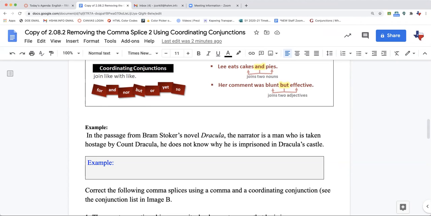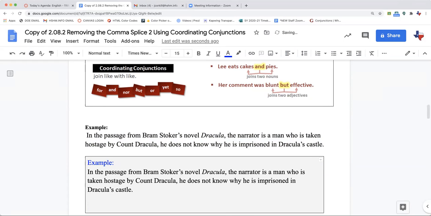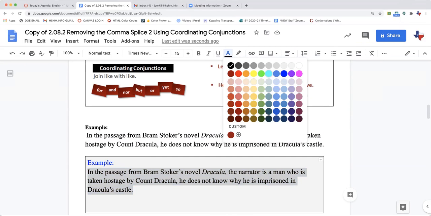Anybody? You could put and after Dracula. Okay, we'll use and. We're using coordinating conjunctions for this assignment, so make sure you don't do what you did last week. All right. So you said add an and. Where do I put the and?